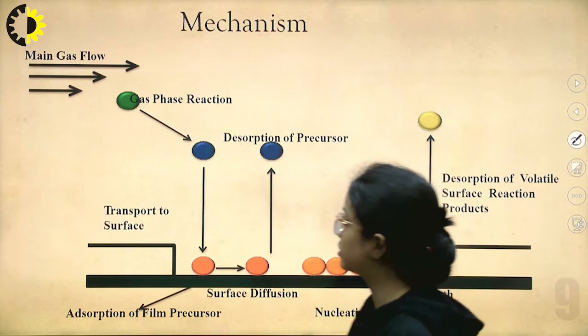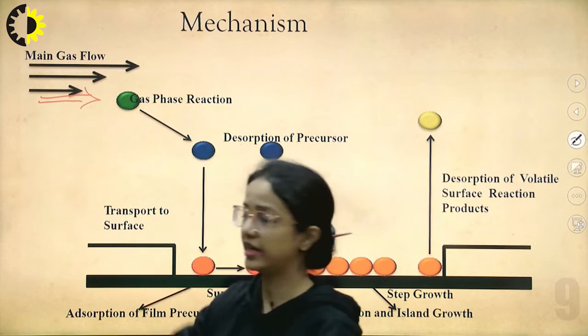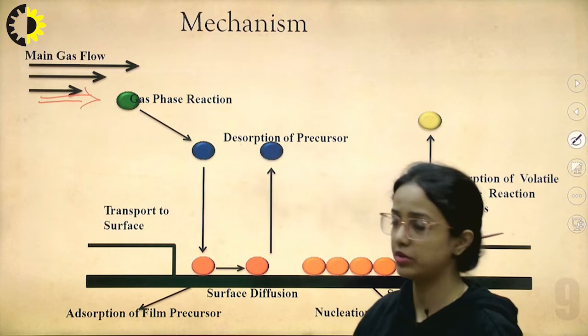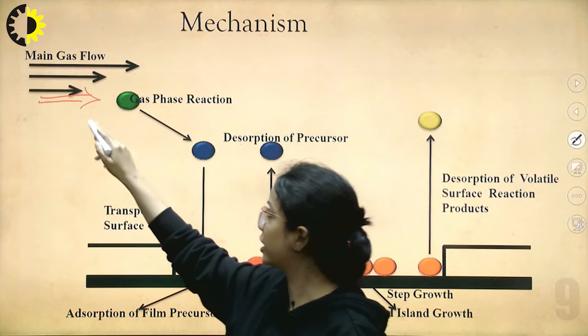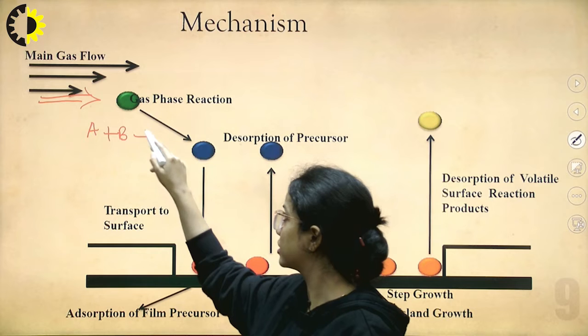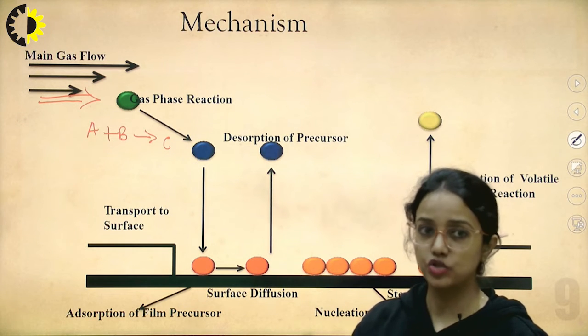What is happening here is the main gas flow, or the parent gas, is entering. Here we are showing it with the help of a green bubble. In this gas phase reaction, when A and B react, the component C is very suitable to get adsorbed on the surface.